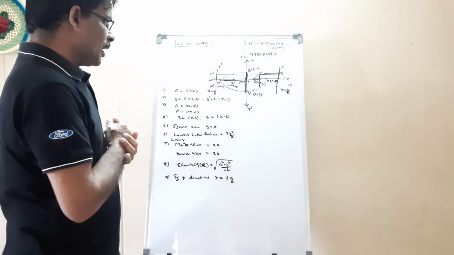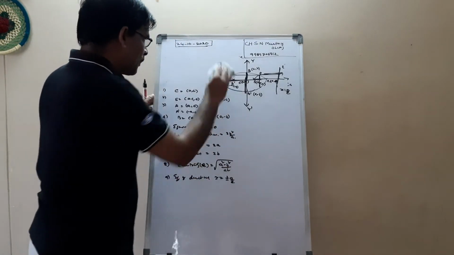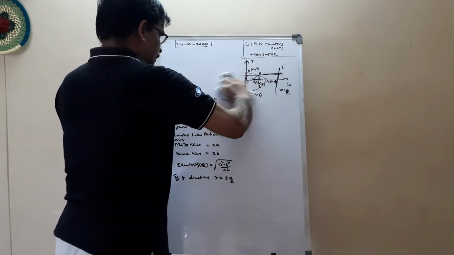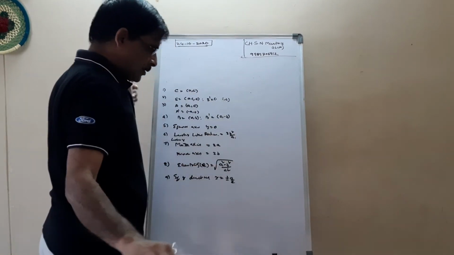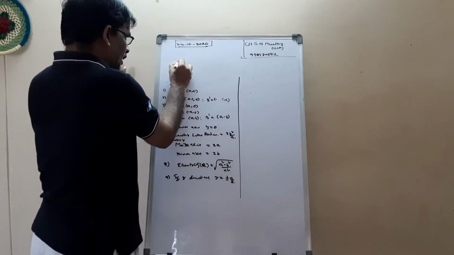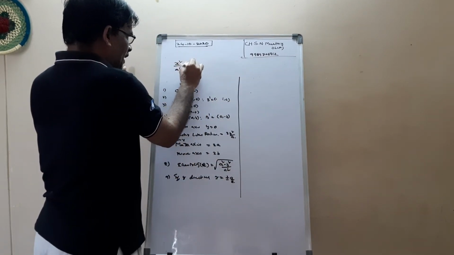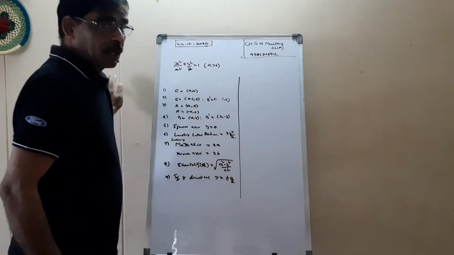Now see, we will take another one. Another shape of the ellipse, another type of the ellipse. See here, this is for x square by a square plus y square by b square equal to 1, where a is greater than b.